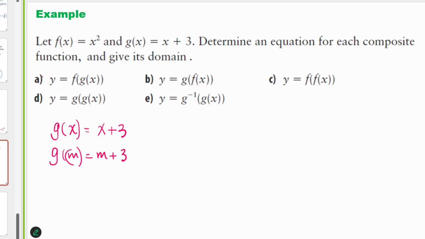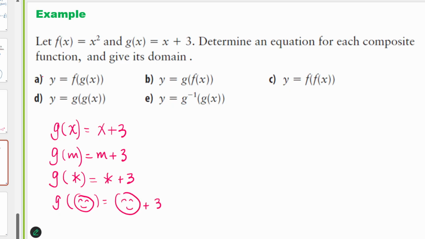If the input is something, the output is always the input plus 3. Can you see that? Or for example, g of a star will give you a star plus 3, right? Or g of a small face is the small face plus 3, right? Can you see that?